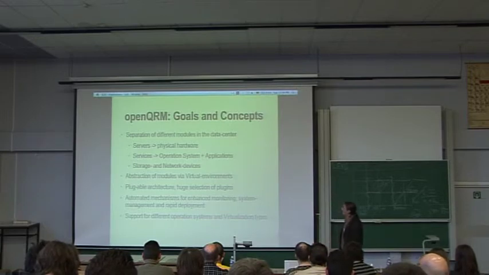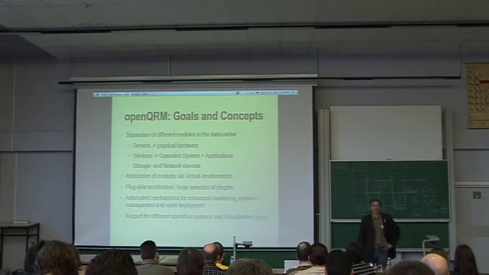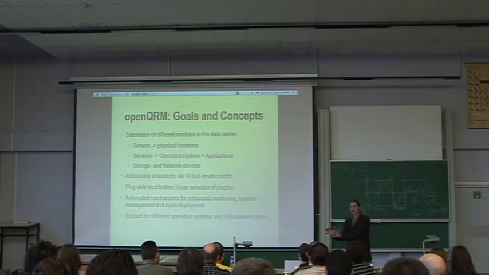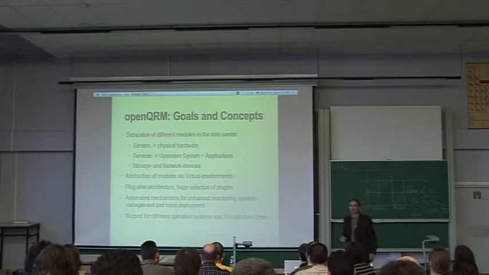The concept of openqrm is the separation of modules of the data center. On the one hand, there is the physical hardware, the bare metal, which from the openqrm side we see as a kind of resource: CPU power, memory, disk space, and so on.